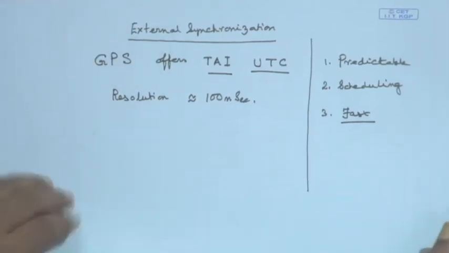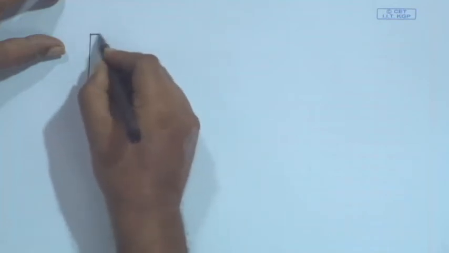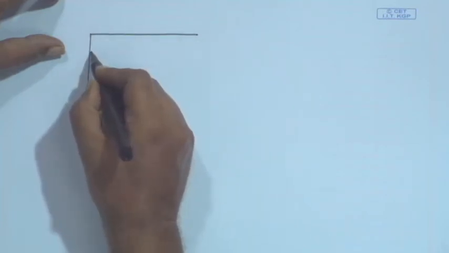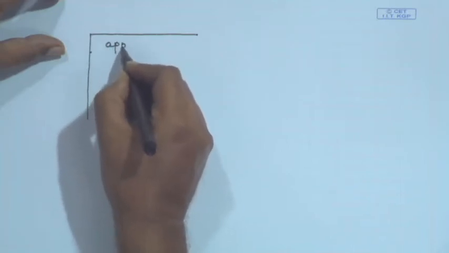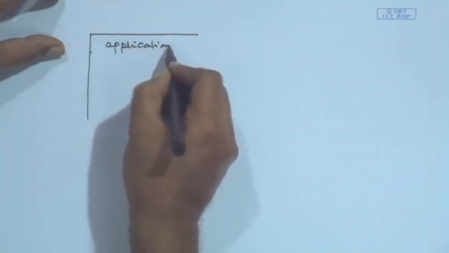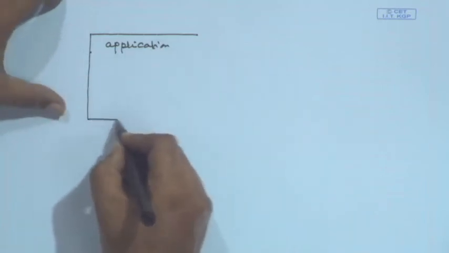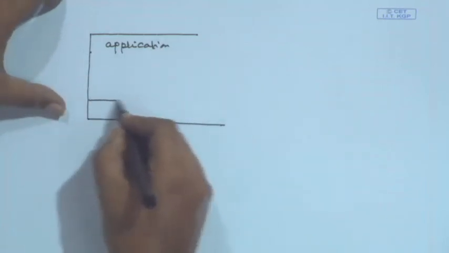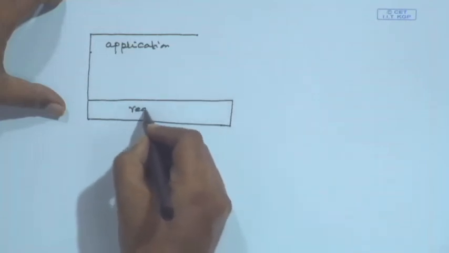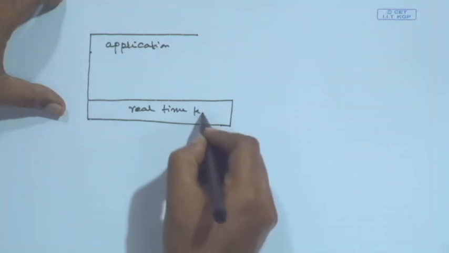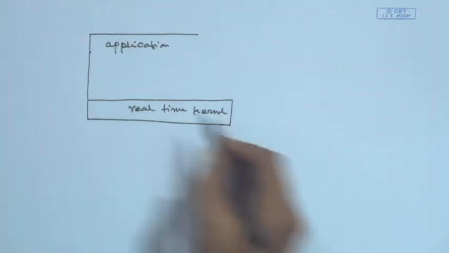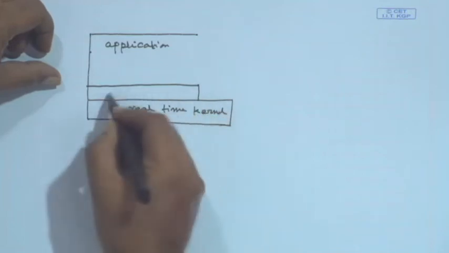Next, we move to the structure of the real time kernels. So, we have already seen in the last class that we had layers like this: the application layer at the top, and the real time kernel at the bottom, and there were device drivers on this stack, right.